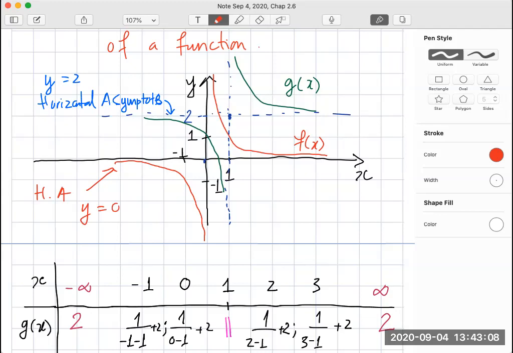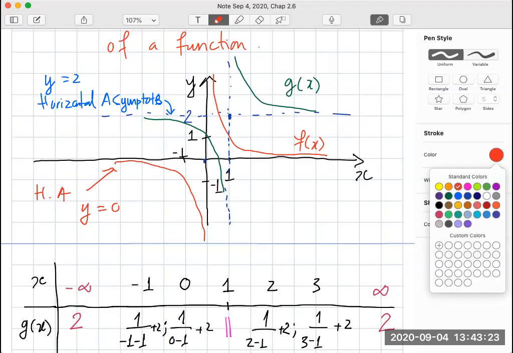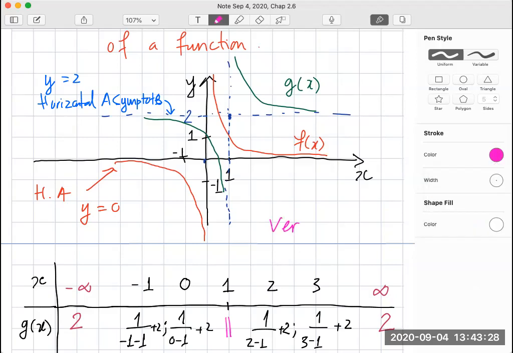Give it some name. When x goes to negative infinity, the function g of x will approach 2. Go this way. And we have already studied the vertical asymptote, and we know that the line x is equal to 1 will be the vertical asymptote of the function g of x.